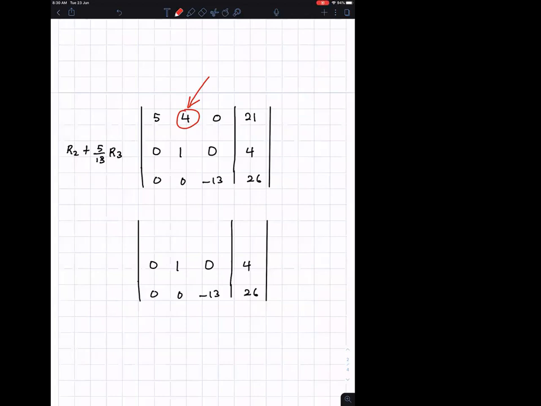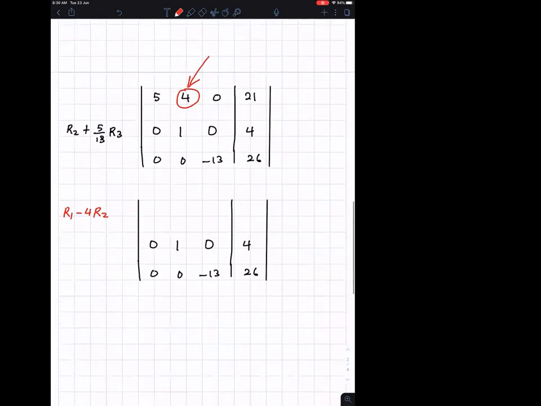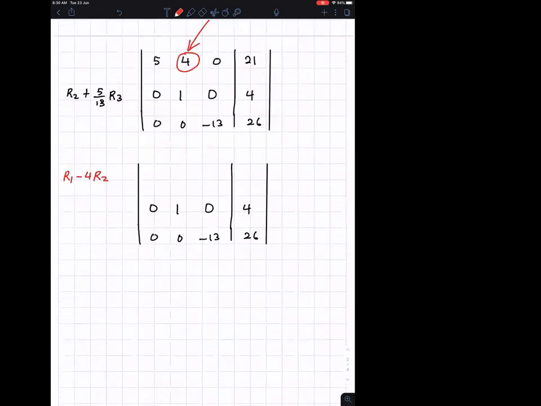As we previously could do this first. Okay, how about Zifeng? R1 minus 4R2. Yes, R1 minus 4R2. Okay, I think that sounds like a good idea. So R1 is 5, 4, 0, 21.